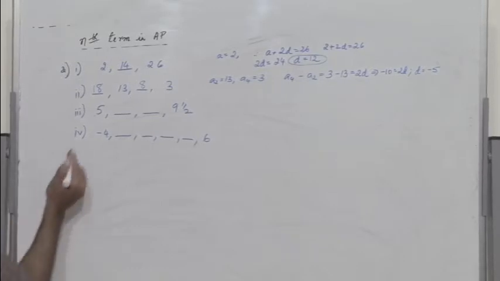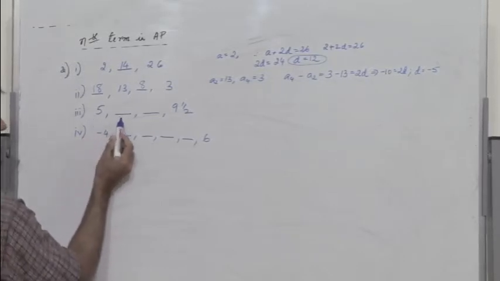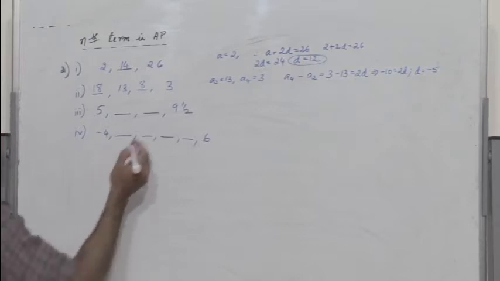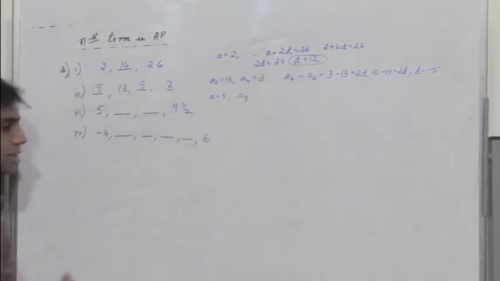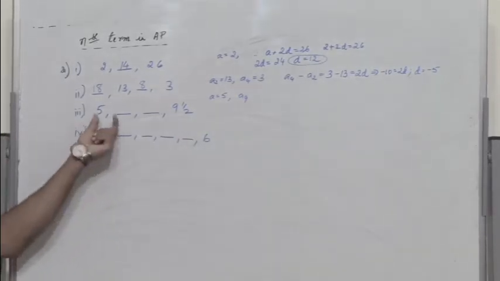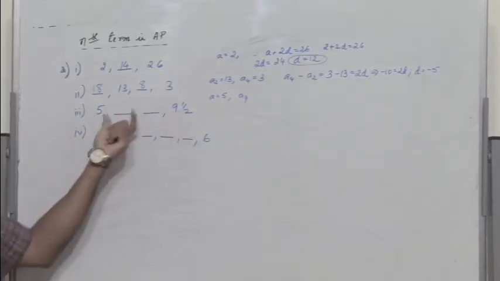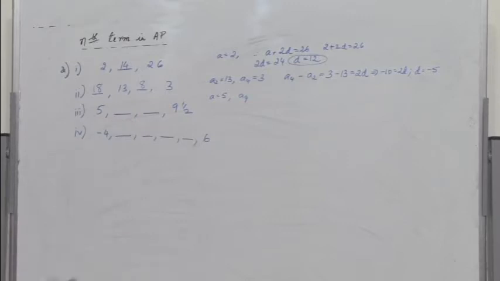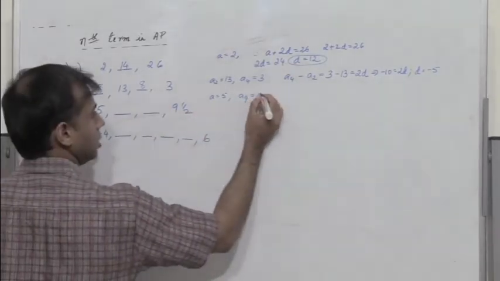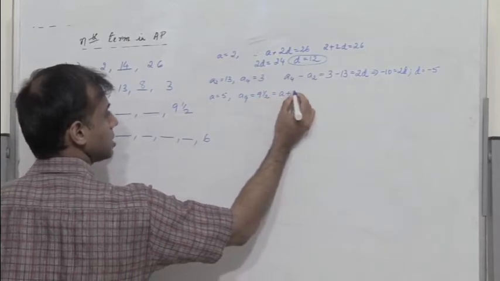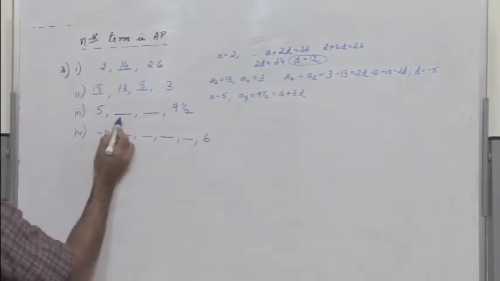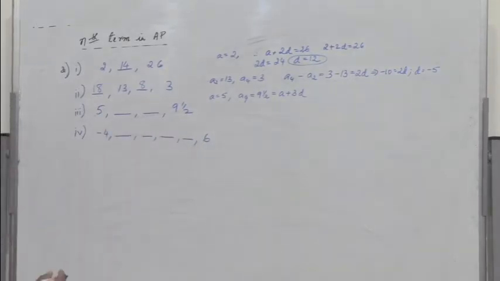So coming back here, this is the first term and this is the second, third, fourth term here. So I have A equals 5 and A4 is nothing but A plus D plus D plus D. So A plus 3D equals A4. It is 9.5, which is A plus 3D. So I have D, D and D. So 3D here.